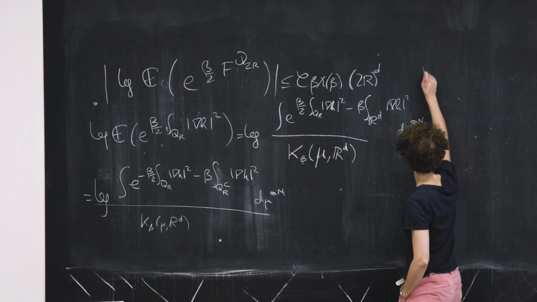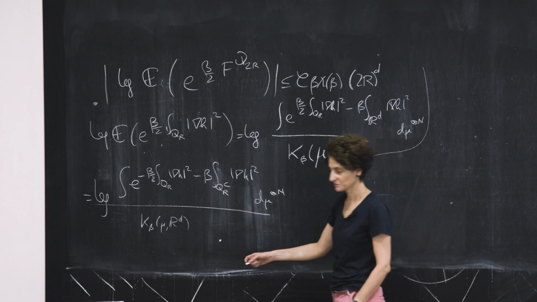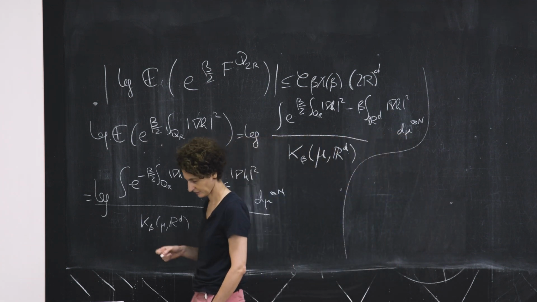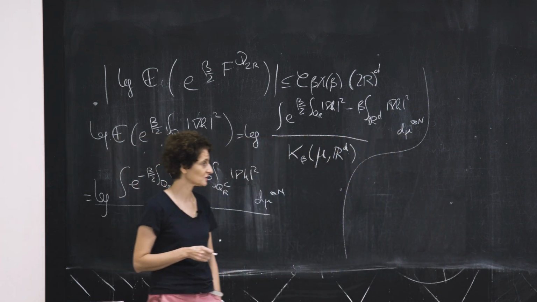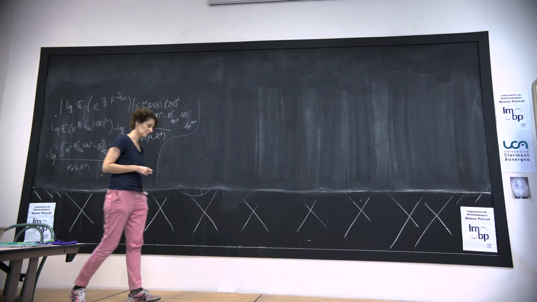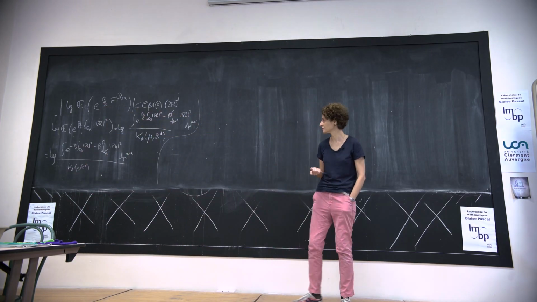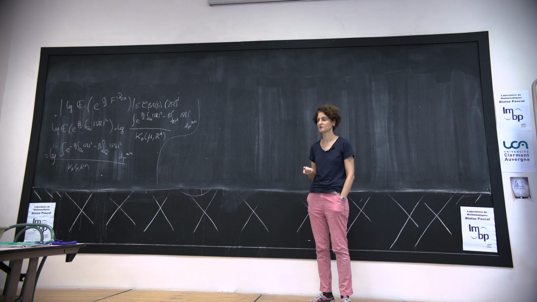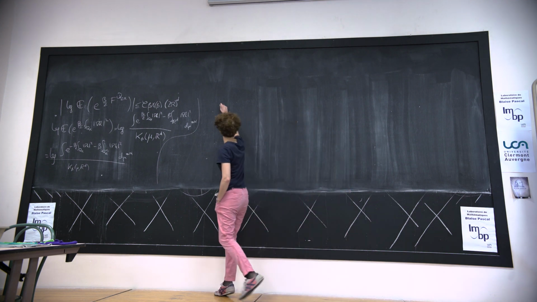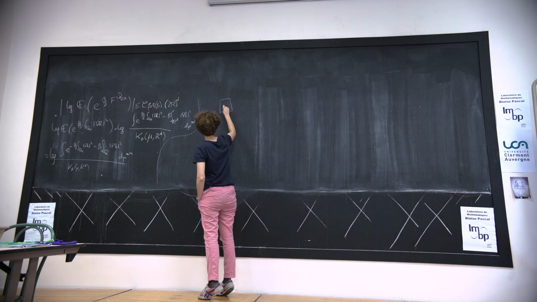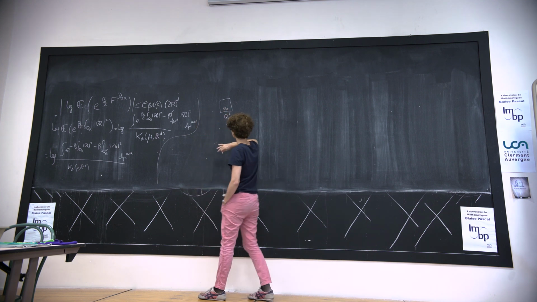So the first claim is that for the denominator, we can use the superadditivity of the Neumann partition function. So remember when we glue things with Neumann, so here is going to be QR and QR complement that are going to be my two sets.